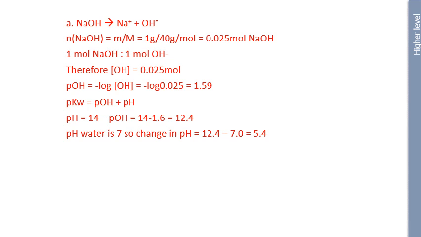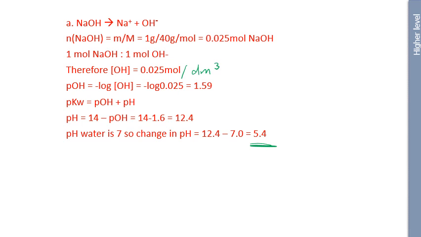The pOH is going to be negative log base 10 of the concentration of hydroxide, which we've just discovered, which will be 1.59. So actually that should be 2 decimeters cubed there. Oops. Okay, 1.59. pKw equals pOH plus pH, so we can determine that the pH will be 12.4. So the pH of water is 7 and changes to a pH of 12.4, so a pH change of 5.4.